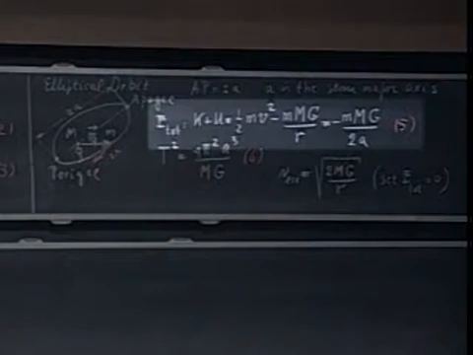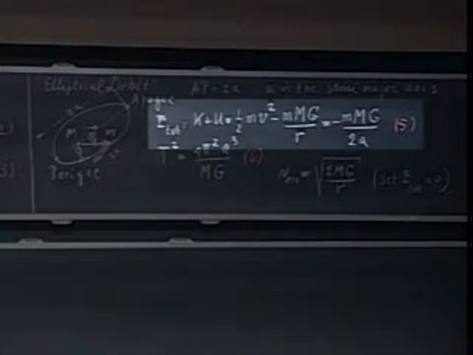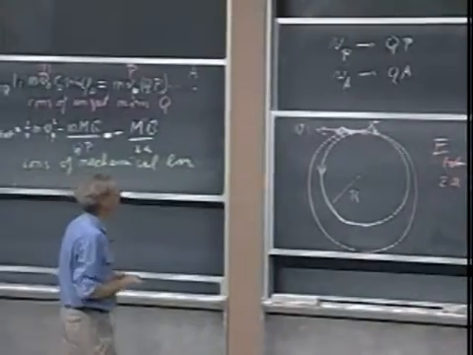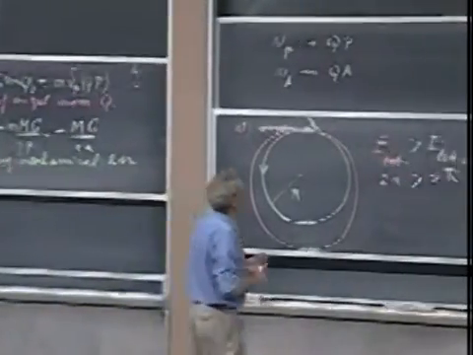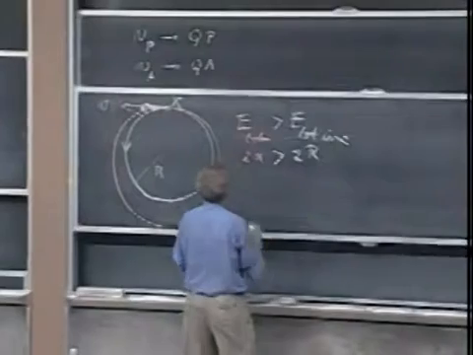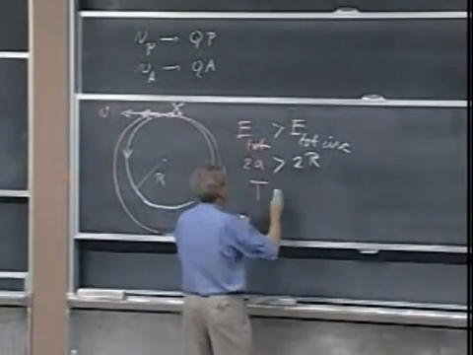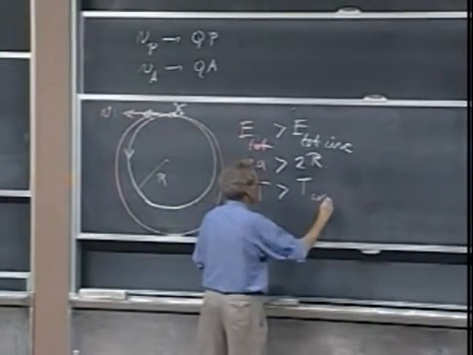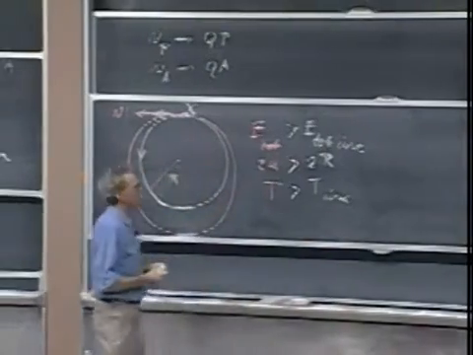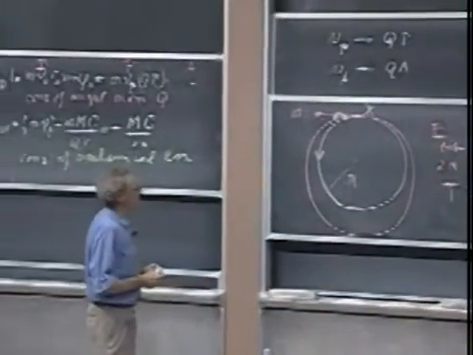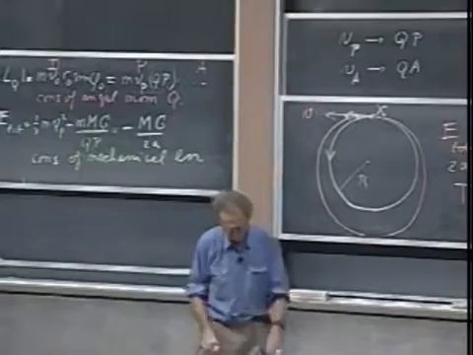You increase the total energy, then your a will go up. Okay, so 2a is larger than 2r. That also means that the period, T, must be larger than the period in your circular orbit. Fine, so far so good.